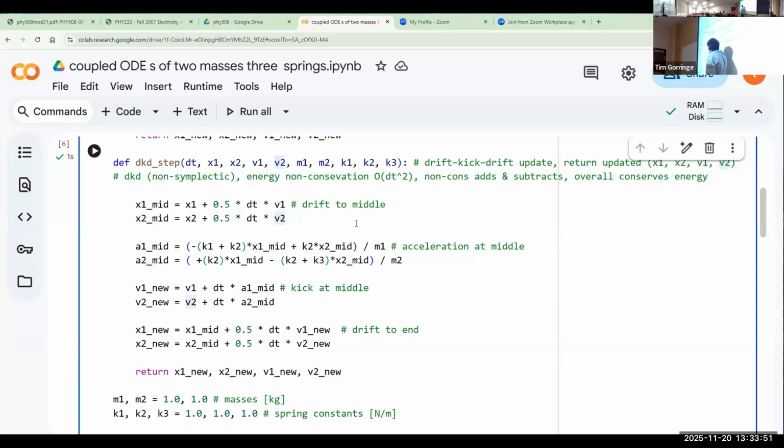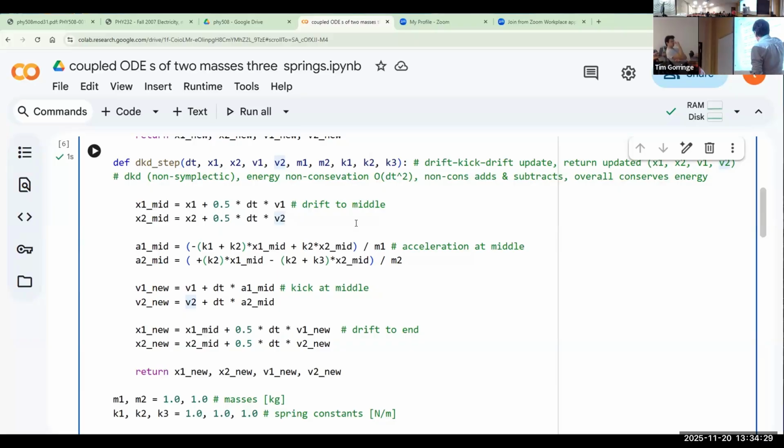We're going to calculate the new positions of the particle after drifting not for delta t, but for just half delta t. I have not touched the mass yet. I've left its acceleration and velocity as they are. And I just let it drift to the middle of the tick.